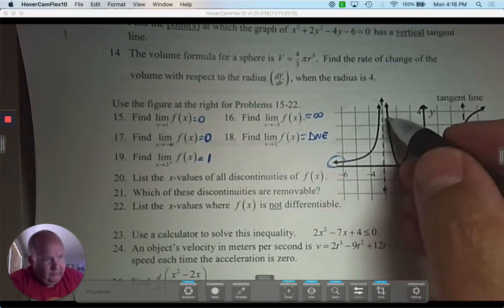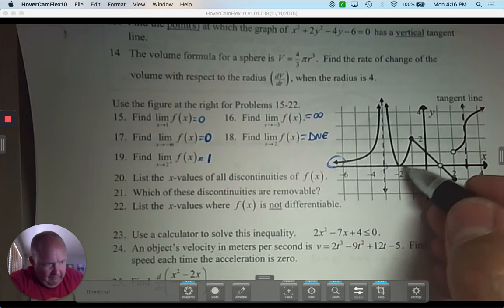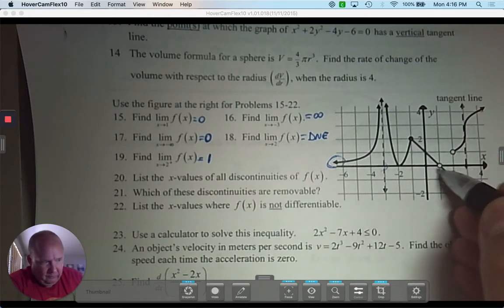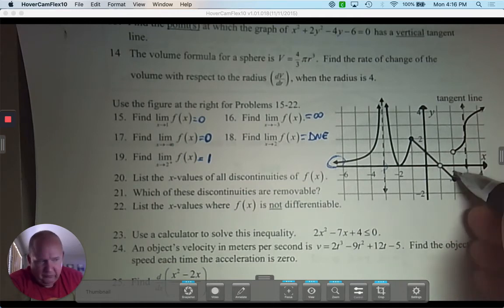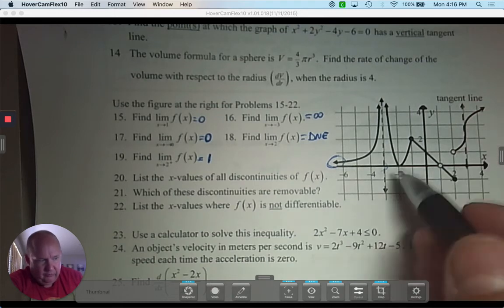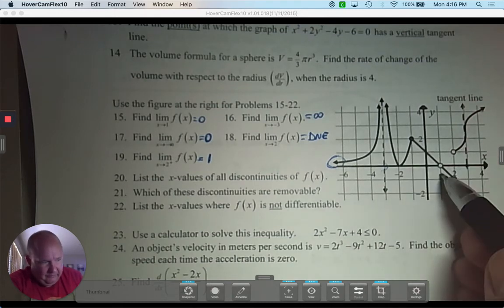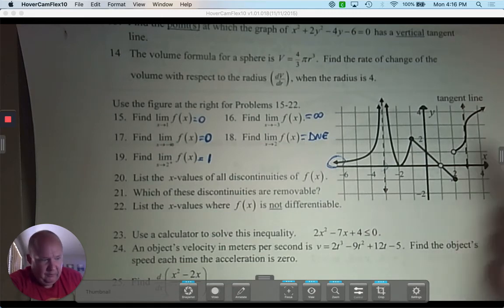As I look here, the first one is when x equals -3. The next one is when x equals 1. And the next and last one is when x equals 2. Here it's continuous, but it's a vertical tangent. That's what's showing. So where is it not continuous? -3, +1, and +2. You can write that down.